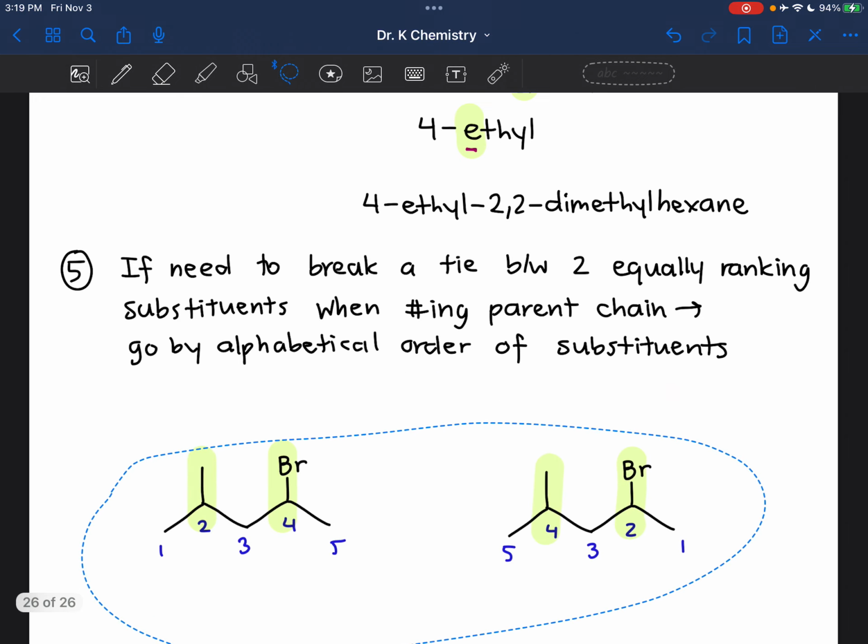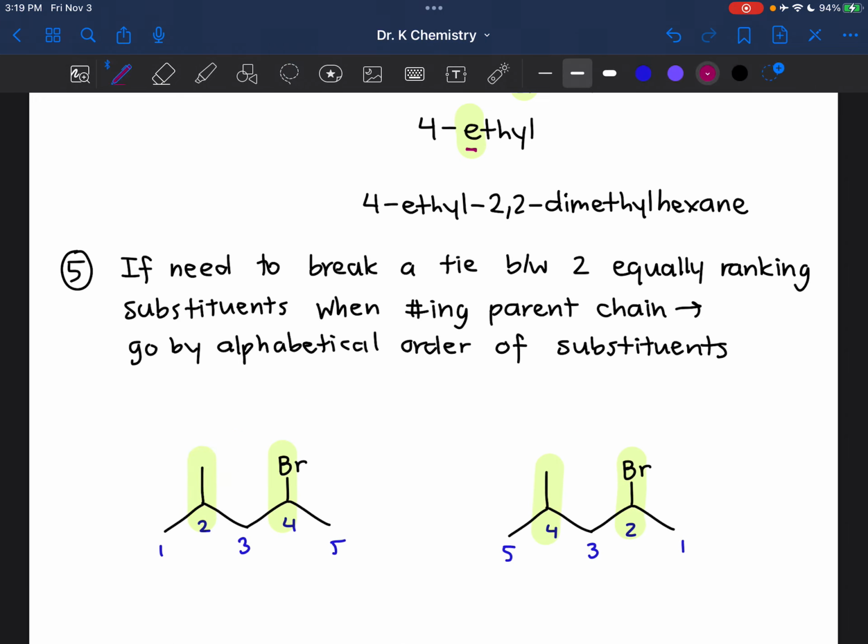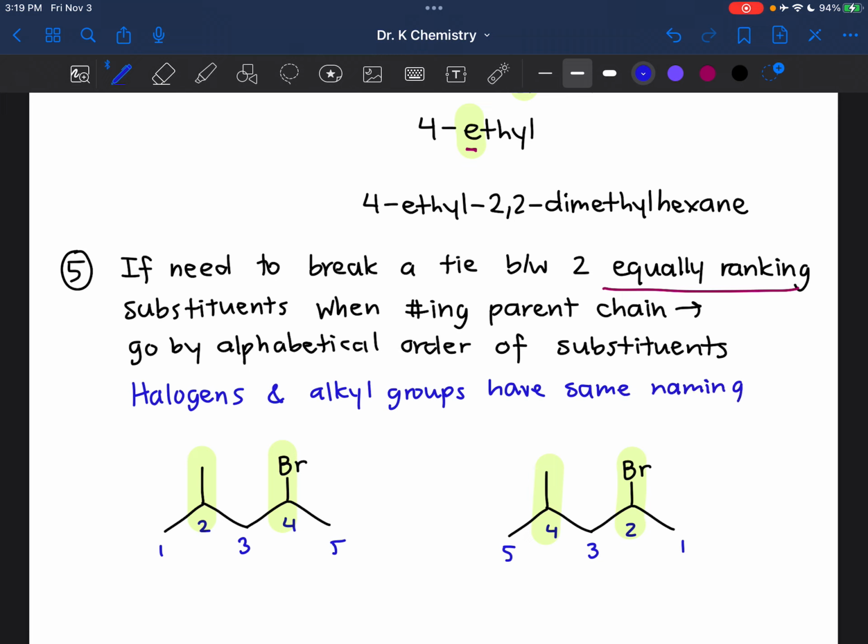And the key here is equally ranking. Keep in mind that halogens and alkyl groups have the same naming priority. So neither of them is more important than the other. They are equally ranking. So the only way for me to break the tie here is using alphabetical order.